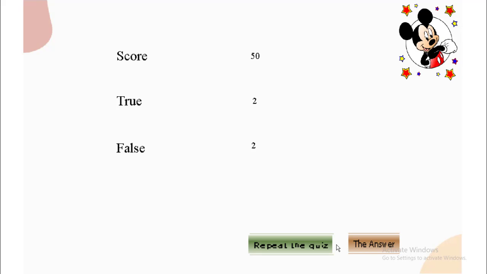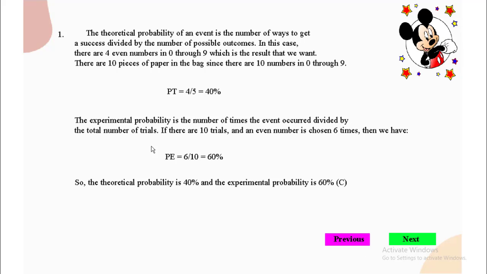But we will see the answer and the explanation. Okay, click here. Number 1, the theoretical probability of an event is the number of ways to get a success divided by the number of possible outcomes. In this case, there are 4 even numbers in 0 through 9, which is the result that we want. There are 10 pieces of paper in the bag since there are 10 numbers in 0 through 9. And so PT is 4 divided by 10, and the answer is 40%.